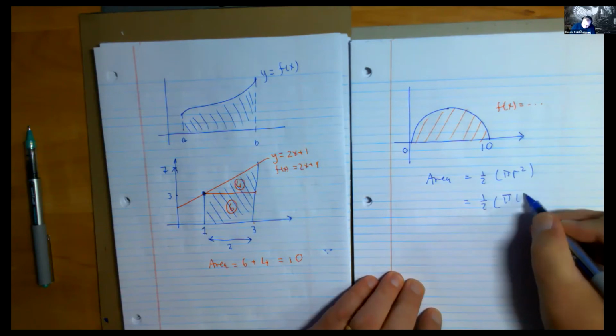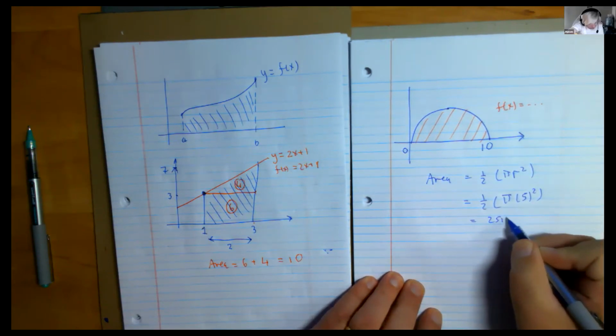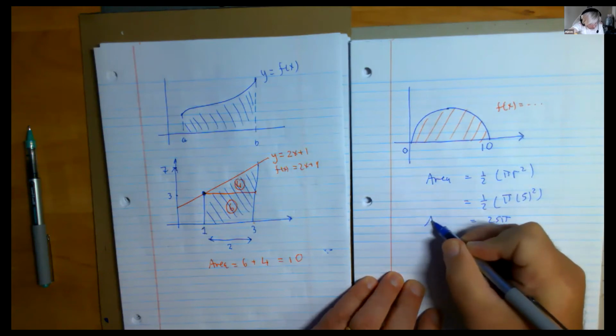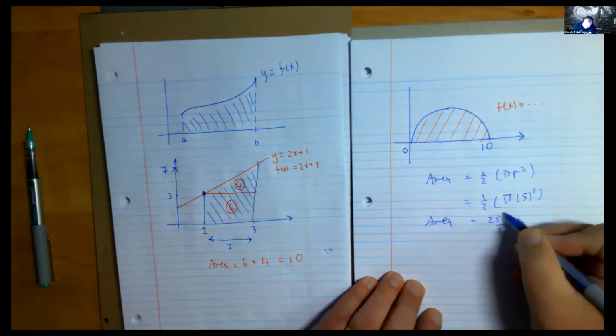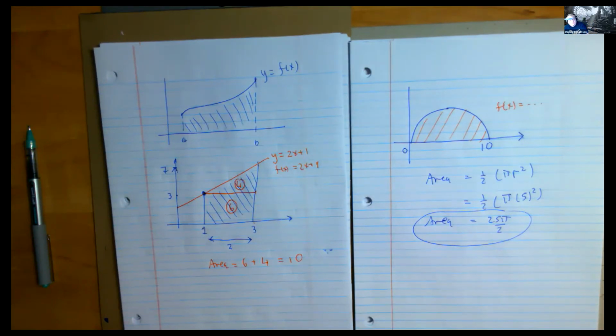Right. So it's a half times 5 squared. What's that? 25 pi over 2. And normally you leave things as exact values. So 25 pi over 2 is the answer we want. Don't go to your calculator and go 25 times, what, 3.14 divided by 2, because pi isn't just 3.14. That would be an estimate if you did that.